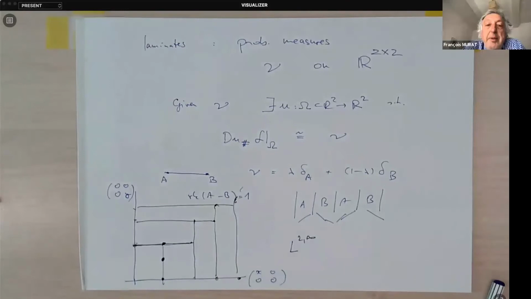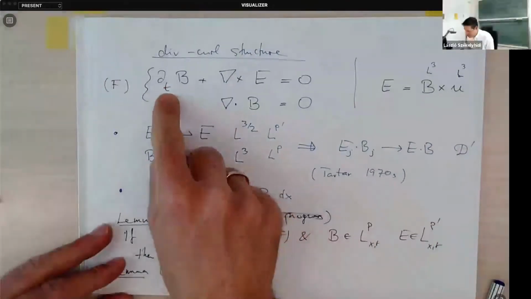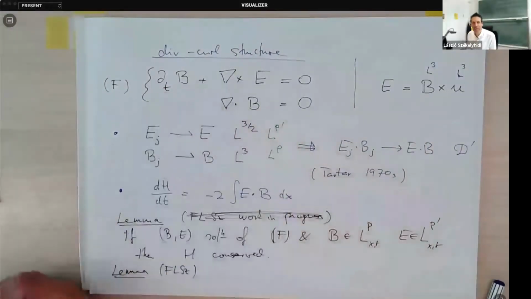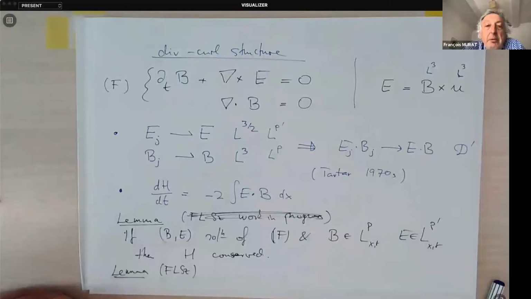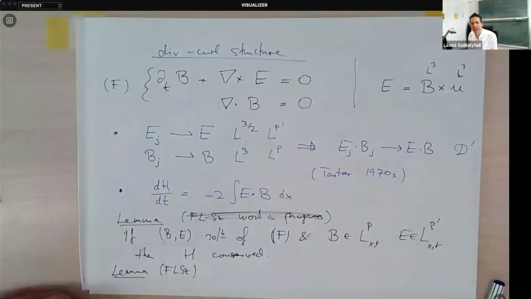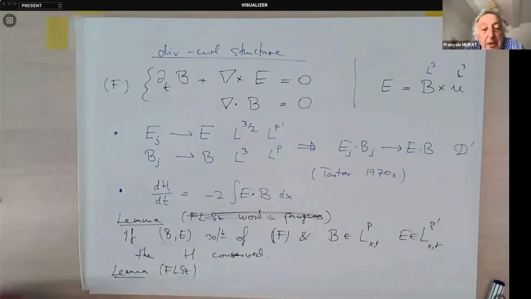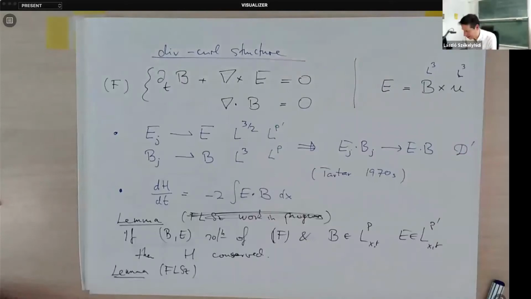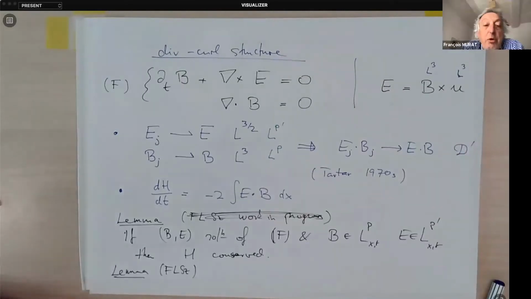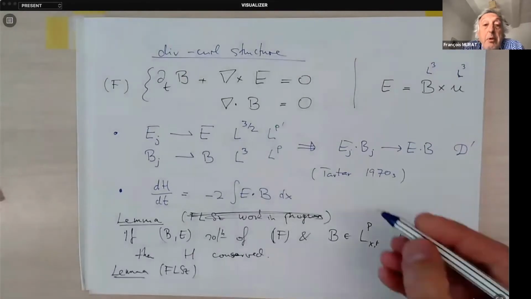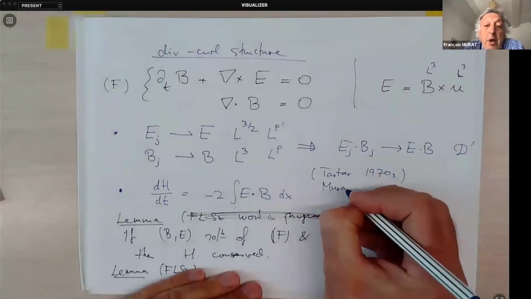No problem. And does it appear with the T? No, there was no time. It was written in the stationary case. Okay, and I'm sure of that. And this was a paper in '78. I'm sorry.